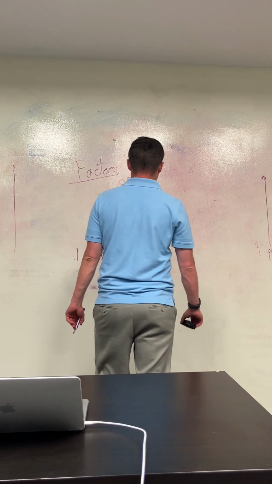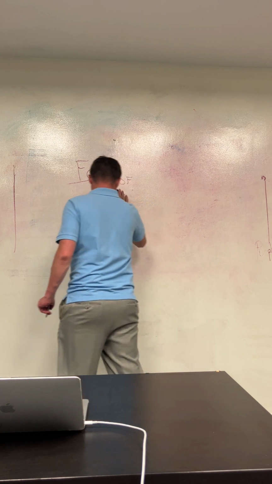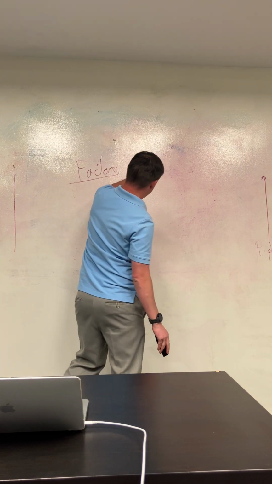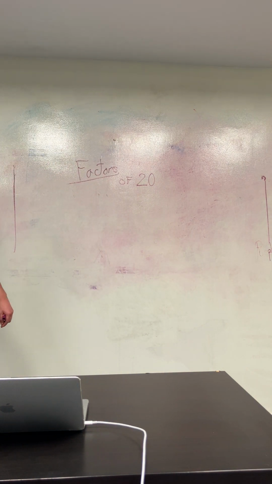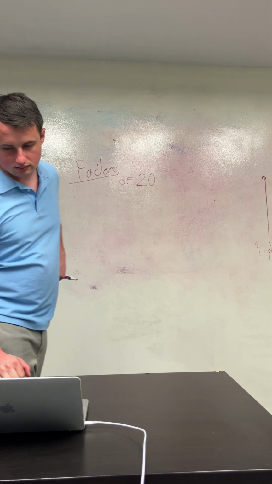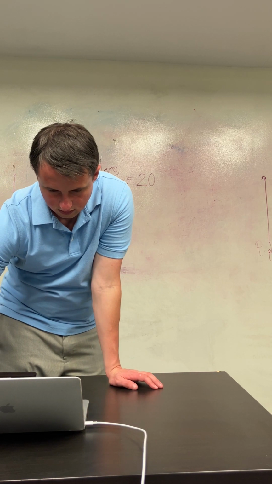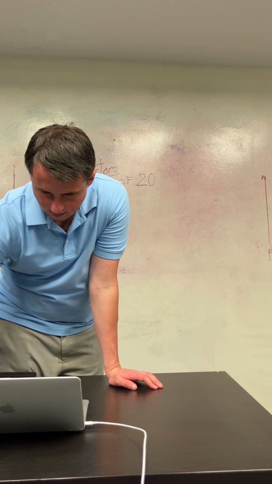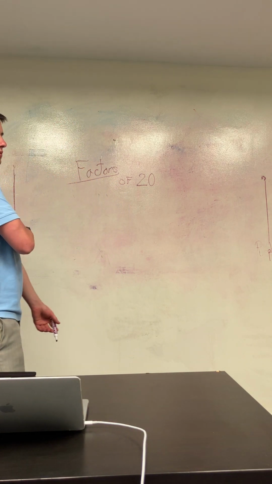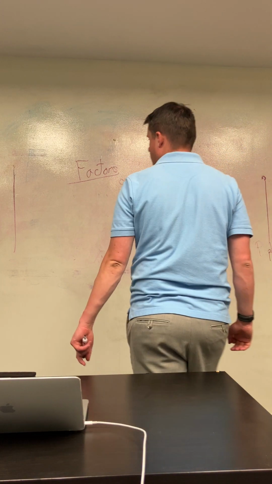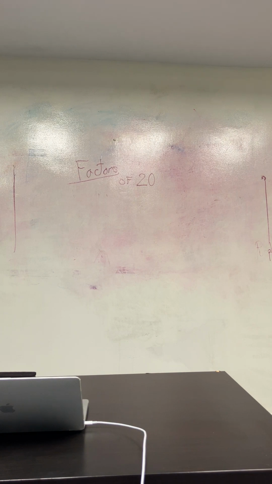Why don't you all try this one now? What are the factors of 20? 5 times 4 equals 20.